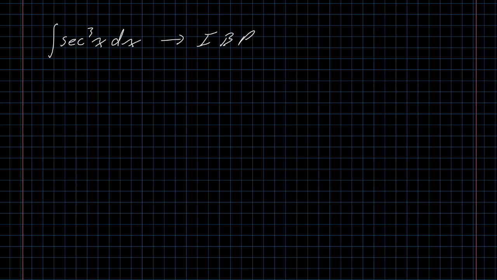We wrote it as the integral of secant x times secant squared x dx, and we integrated by parts. You can do the same thing for the integral of secant to the fifth or any odd power of secant. It's not fun, but we've done it before. I don't feel like I need to do it again.